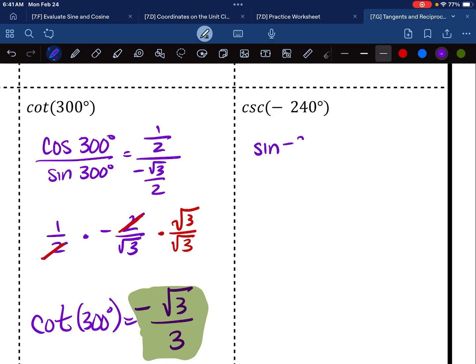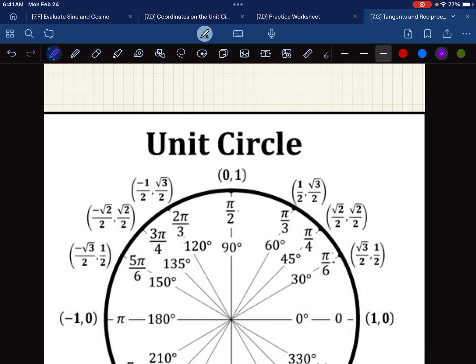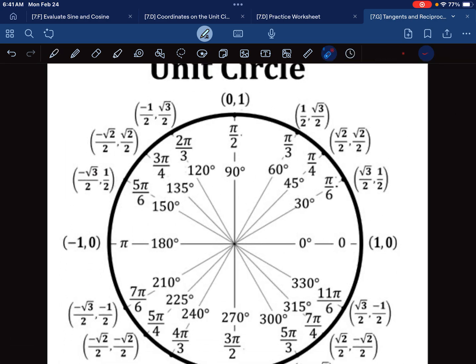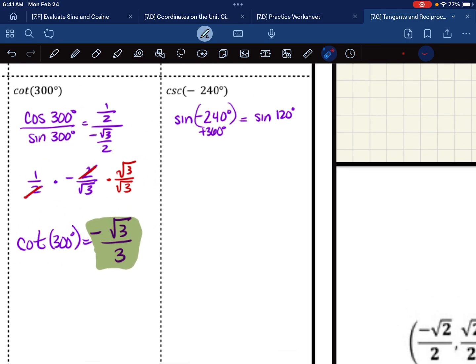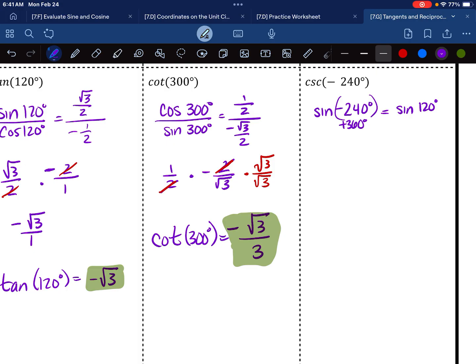So this means I need to find the sine of negative 240 degrees. Okay, but negative 240 degrees is difficult. So I'm going to add 360 to that so I could find it on the unit circle. That would be the sine of 120 degrees. So 120 degrees is on our unit circle. It's right here. And the sine of that is root 3 over 2. So the cosecant then would be 2 over root 3.